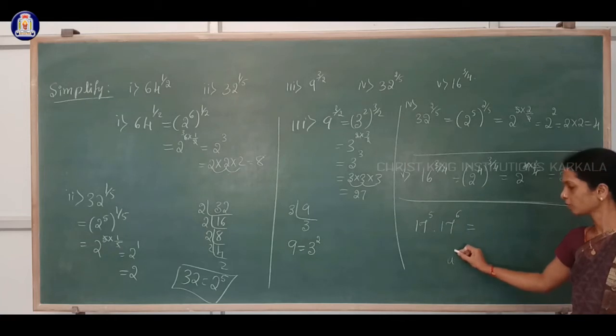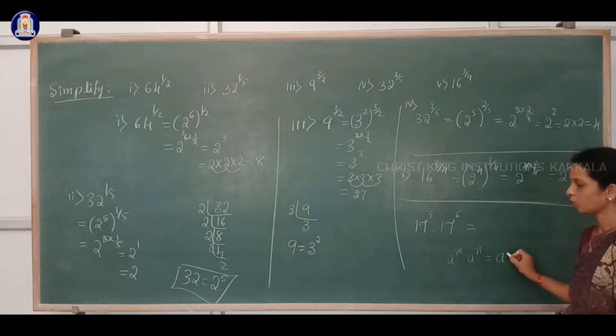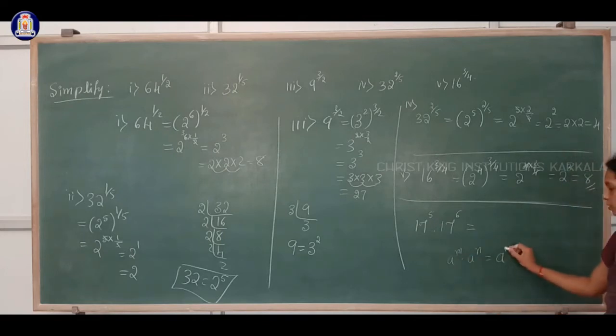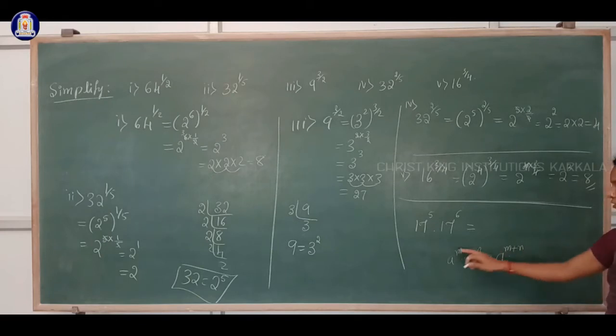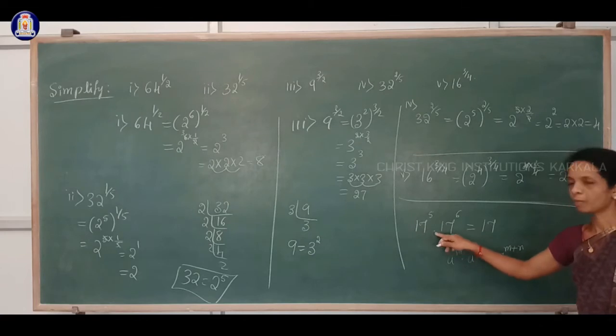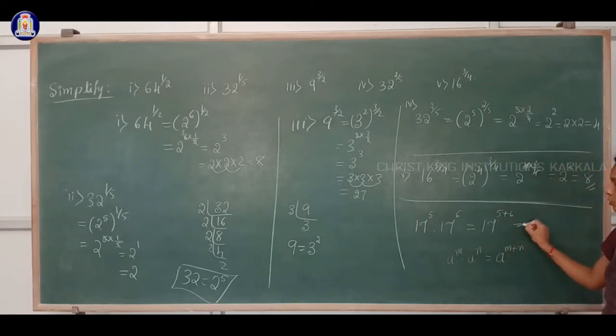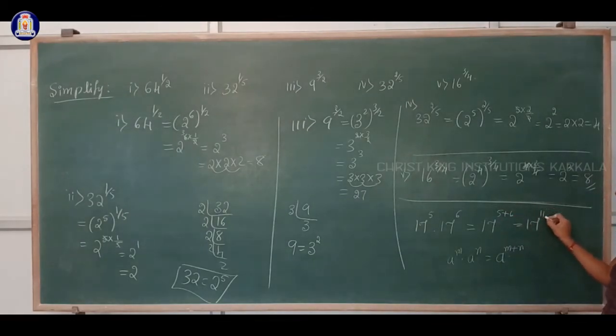You have the laws of indices like this: a to the power m into a to the power n is equal to a to the power m plus n, this power plus this power. When you have the same base and multiplication, you can add their powers. The same thing you have to do here also, because you have the same base and multiplication. So add the powers. 5 plus 6 gives you what? 17 to the power 5 plus 6 is 17 to the power 11.